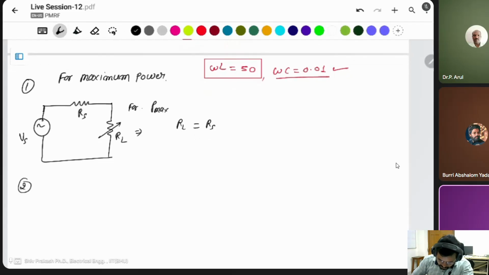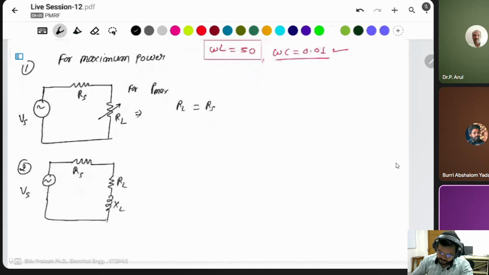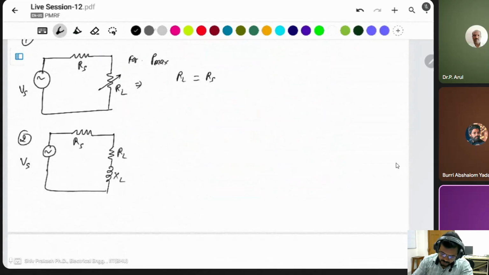Second condition, suppose this is RS, but here the load is RL and XL.